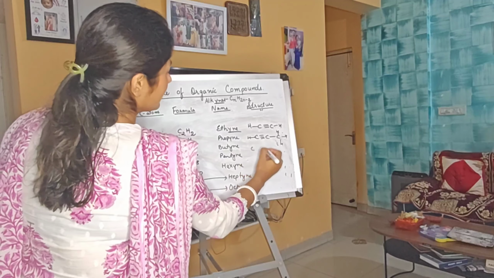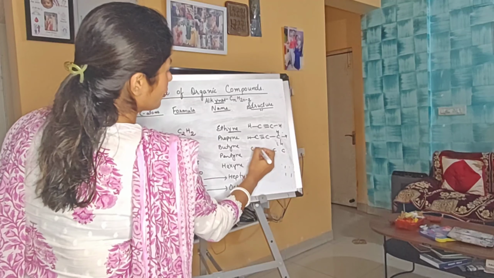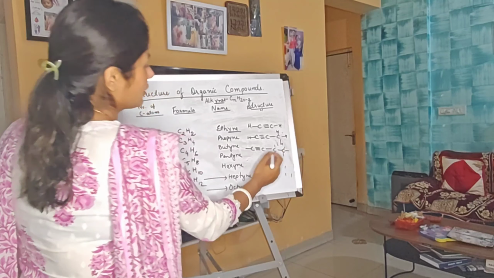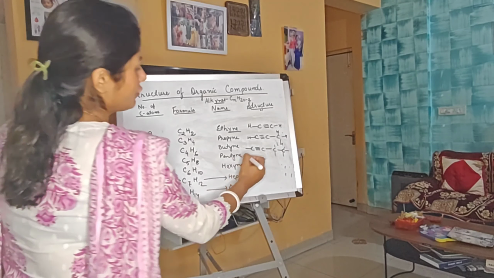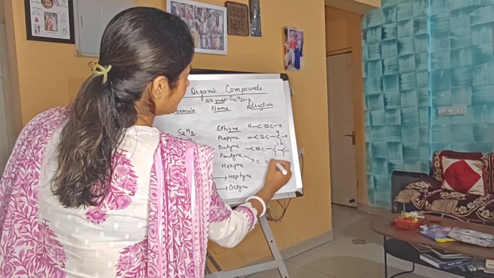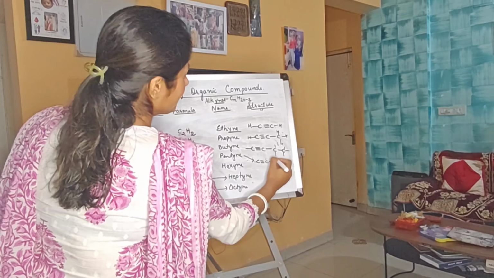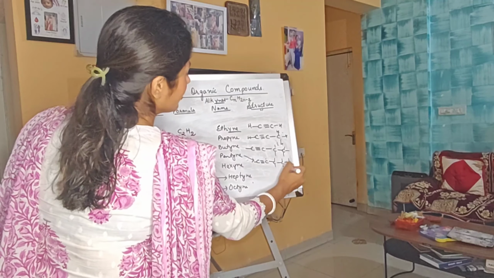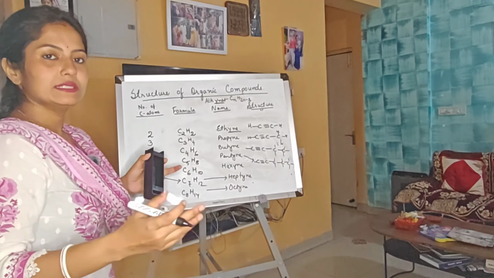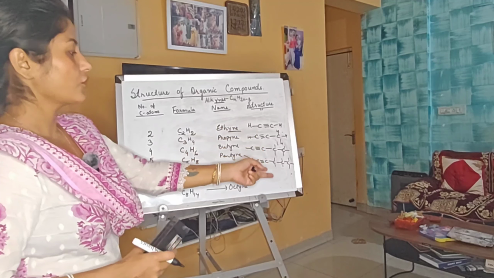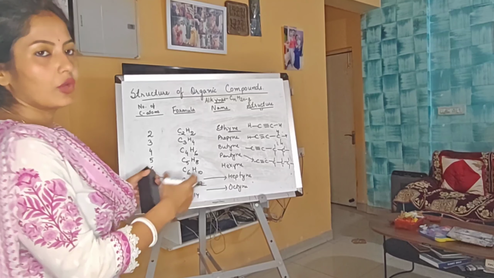Similarly for butyne, put 4 carbons, a triple bond between carbon 1 and 2, and then complete all the valencies of carbon. For pentyne, 5 carbon atoms, a triple bond between the first 2, and then make up the valencies of all the carbon atoms. So this is how from the molecular formula we can draw the structure of the organic compound.